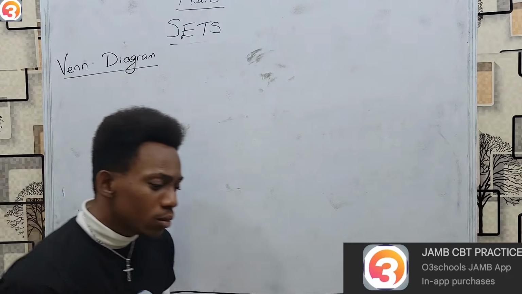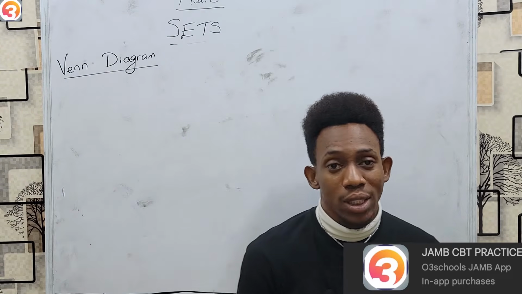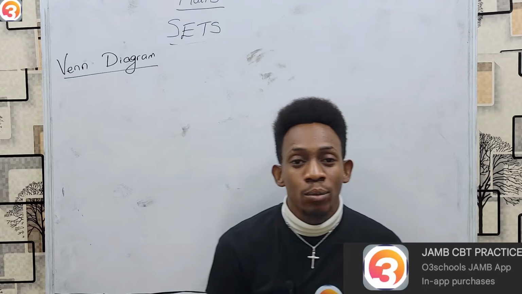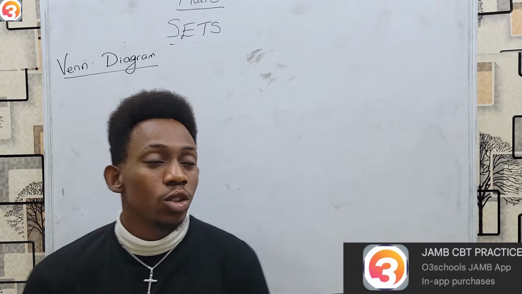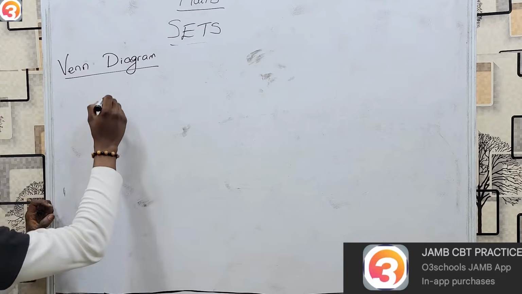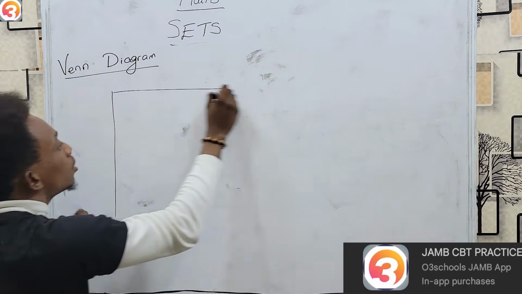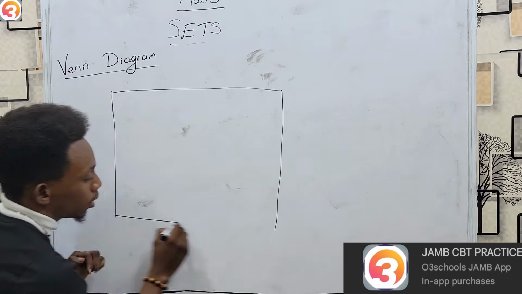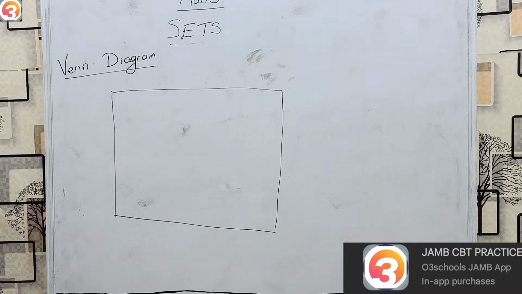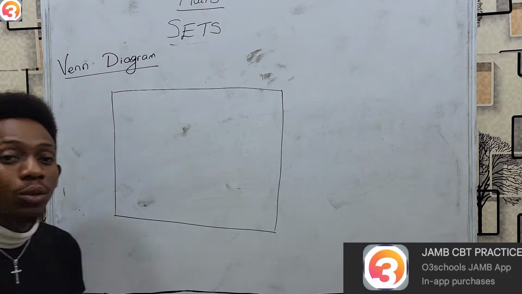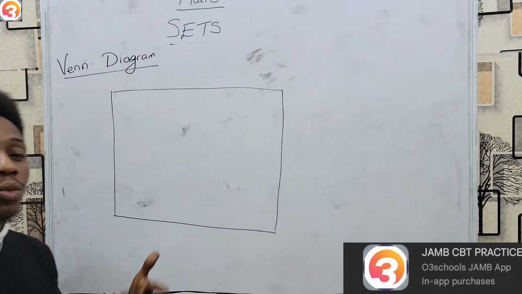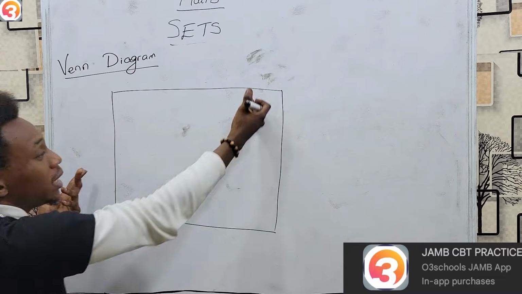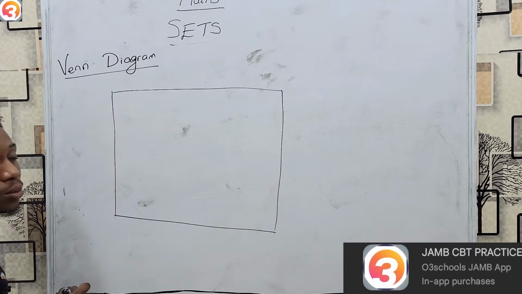So a Venn diagram is used when you don't want to say the story out loud. It's going to use a diagram to show everything that needs to be known. For example, most typical Venn diagrams begin inside a square or a rectangle, and this square or rectangle represents the universal set.